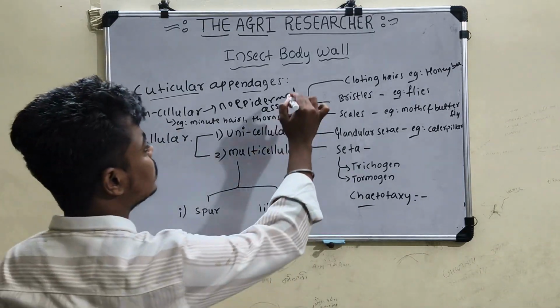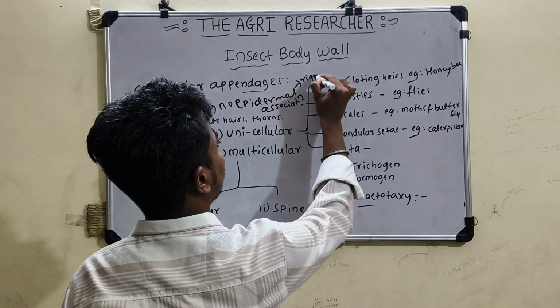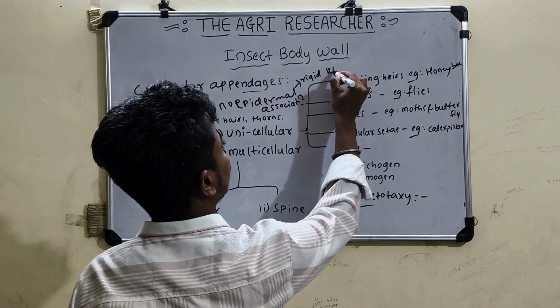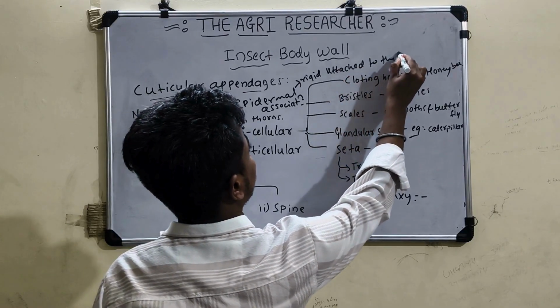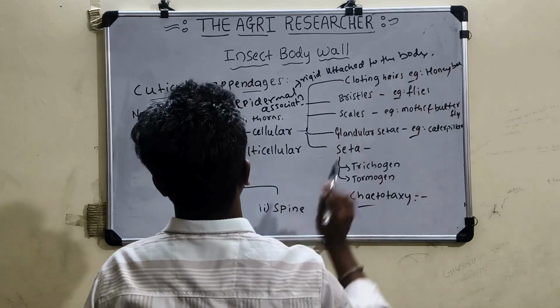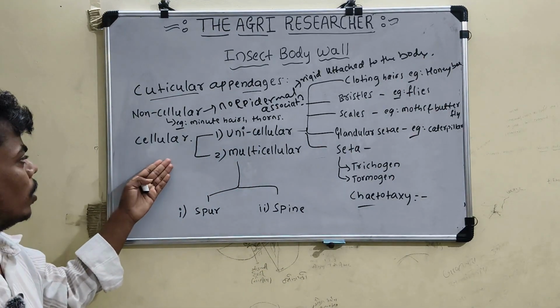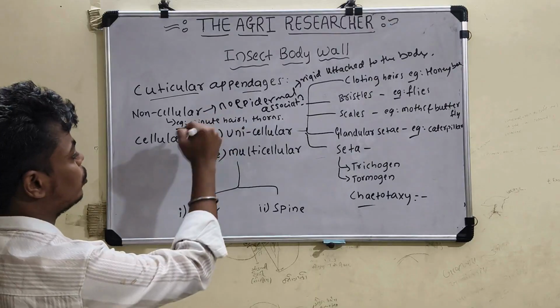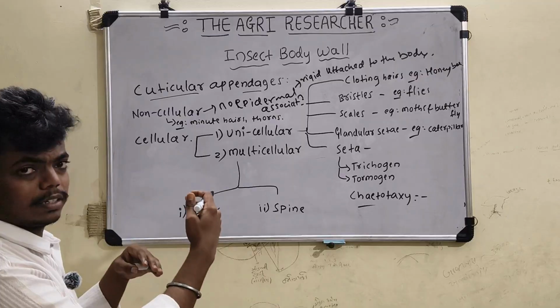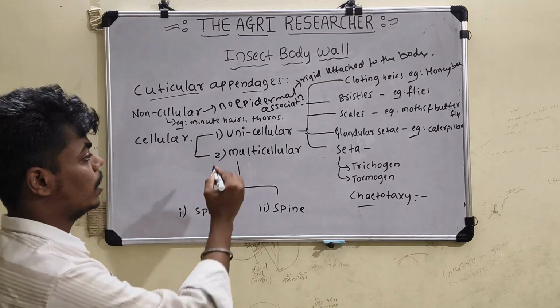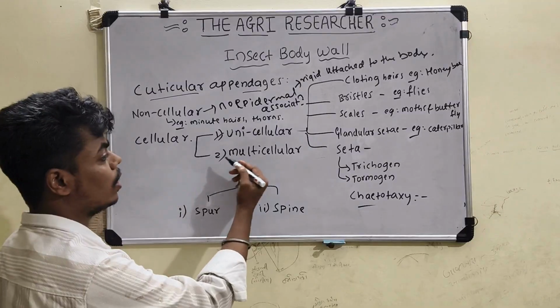But it is rigid, means very tightly attached to the body. And then next come to the cellular. It has epidermal association, the opposite. Again, in this two different structures are there: unicellular layers and then multicellular layers.